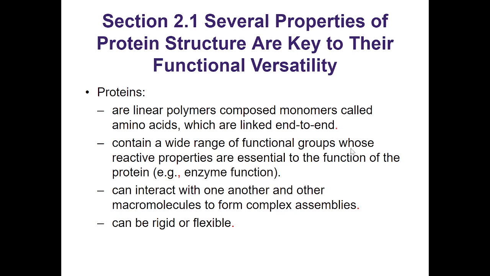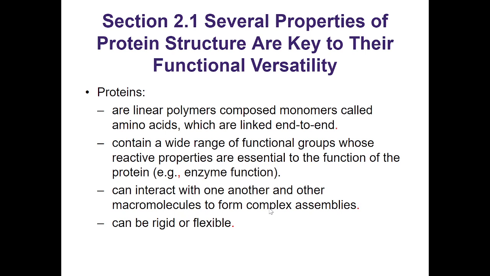They contain a wide range of functional groups whose reactive properties will be essential to the function of the protein, i.e. the enzyme function. They will also usually dictate the enzyme structure as well, though you can have other things dictating it than the protein itself. For example, there are protein-RNA complexes, or protein-cell wall complexes, right?